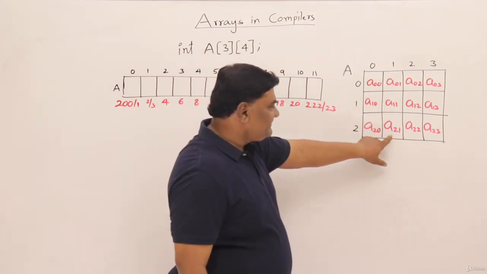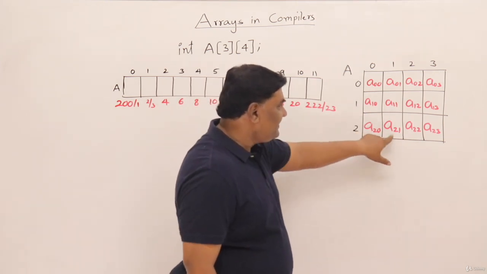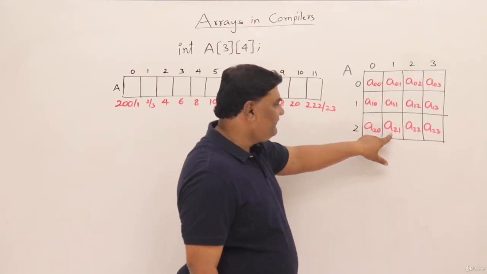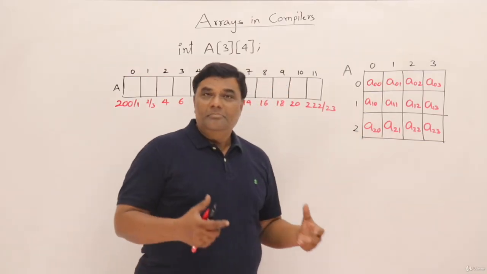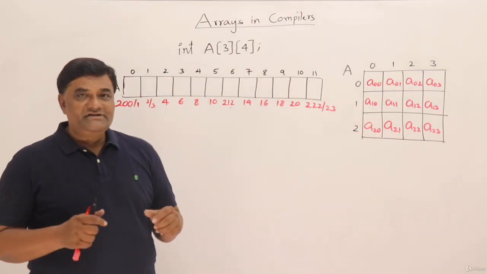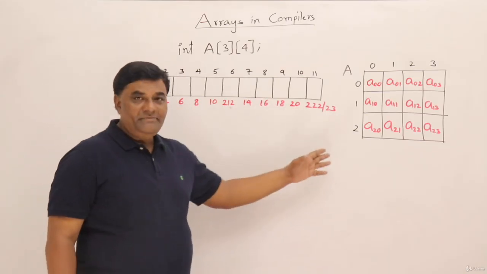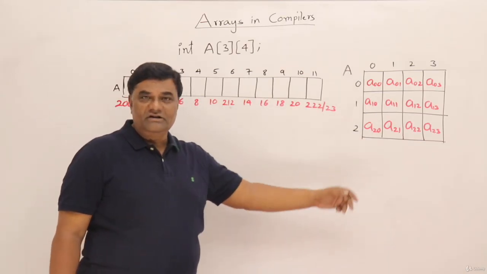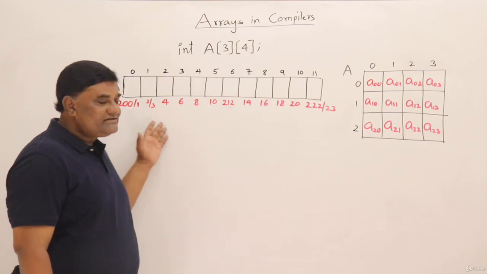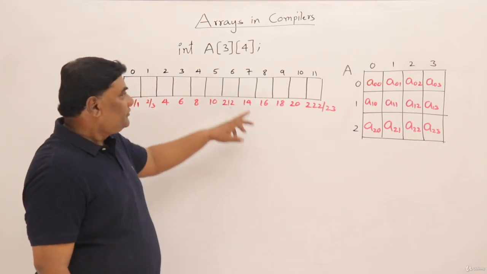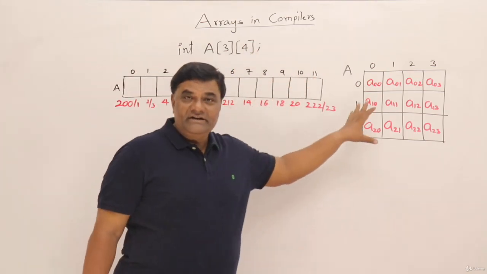Any element we can access with the help of its row number and column number. So this is A of 2, 1. But the reality is, during execution, the actual memory allocated will be linear. It will not be in terms of rows and columns, but it will be like a single dimension array. So total 3 into 4, 12 locations are there.